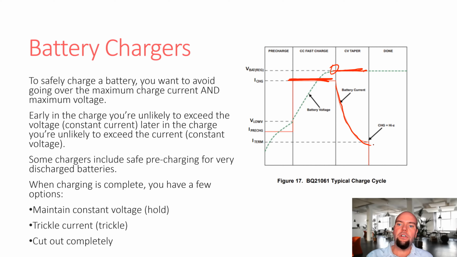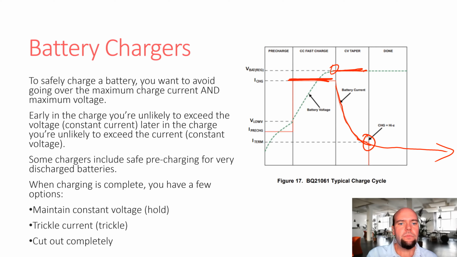Then you get to a point where, at the maximum voltage of the battery, your current drops to a certain low level, and you say, okay, we're done. The battery is full. This will technically go on forever. At a certain point, you say, all right, that counts as full.